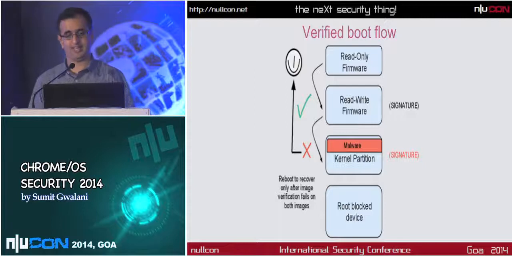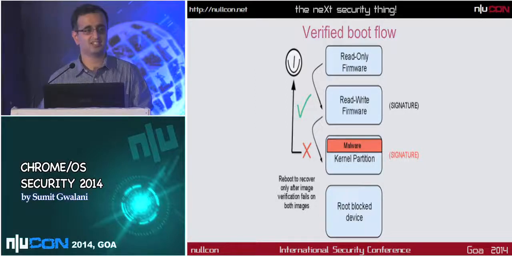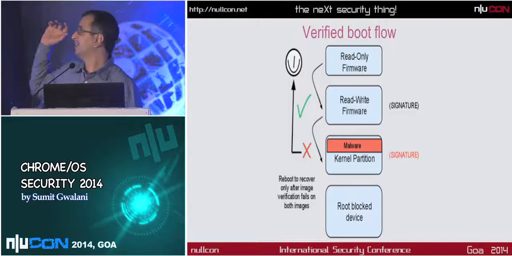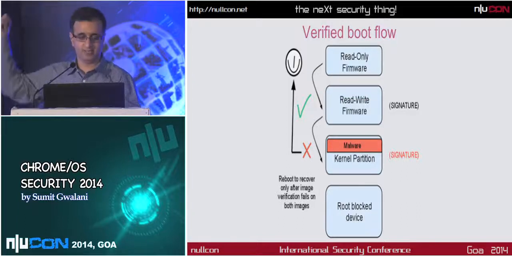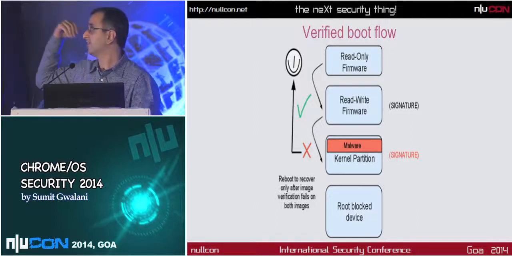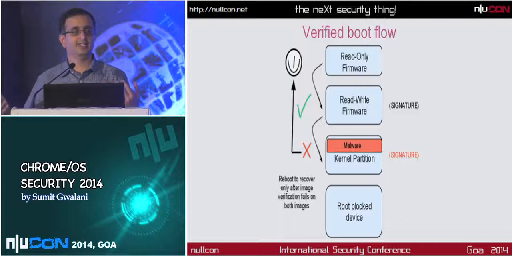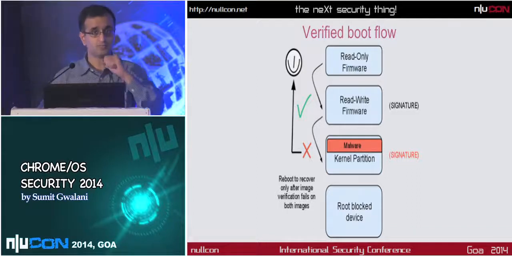So say someone had actually gone and modified the kernel partition. In this flow, the read-only firmware will verify the read-write firmware. But the read-write firmware, when it checks the signature for the kernel partition, will see that the signature doesn't match.